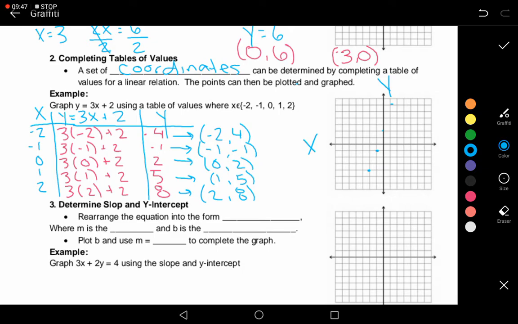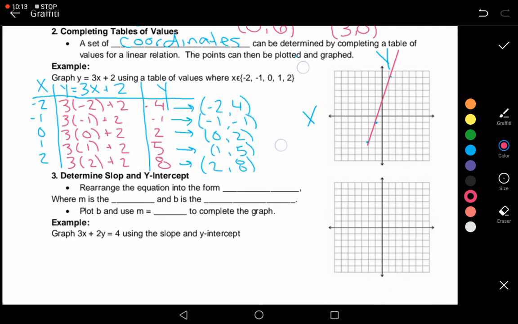Now I can see, again, it's not perfect because my dots aren't perfect, but you kind of get the idea. To finish this off, all we have to do is draw a line segment, which again probably won't be perfect on my part, but you get the idea, connecting our dots. Not too bad. Okay, so that's the second method of graphing.